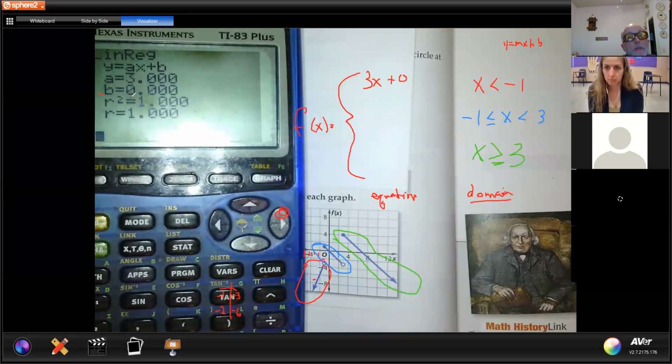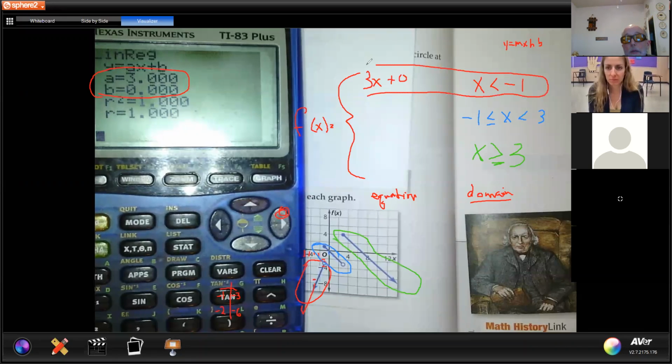This is the values I'm looking at. 3 is the slope, and b is 0. So that means this line right here, the line that I'm drawing right now, goes all the way this way if I wanted it to, but I'm only using the left side, which is what I said right here. So this is the equation of that left line and the domain of that left line.